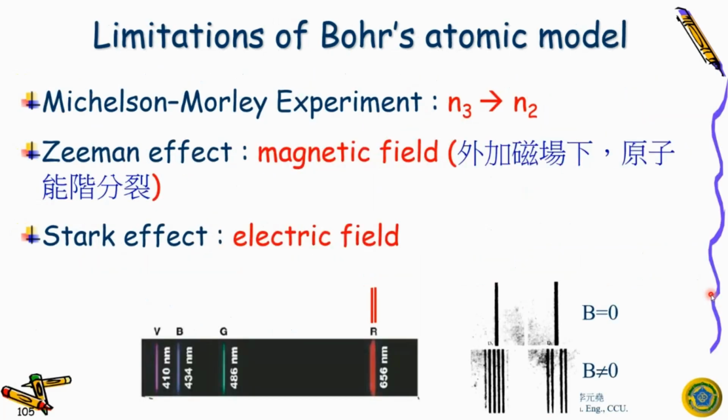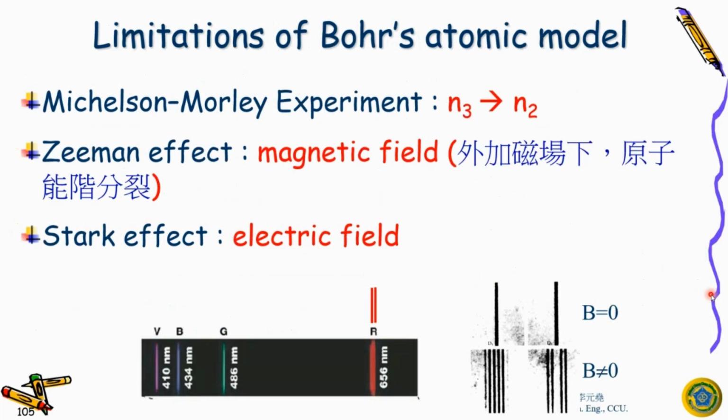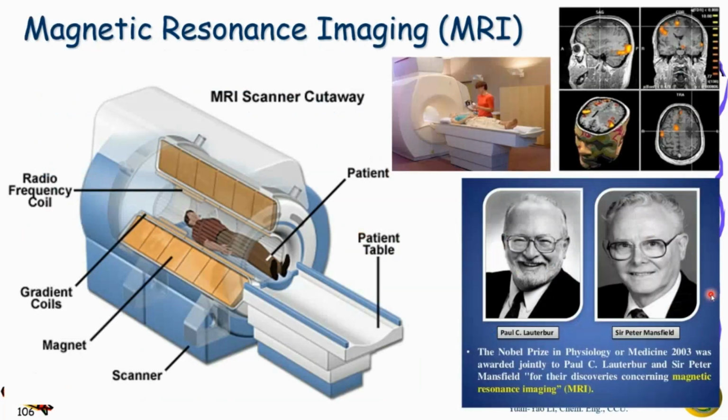MRI is very important nowadays. If you go to the hospital, you can find a tumor in your body using this. So there are three limitations of the Bohr atomic model so far: the Michelson-Morley experiment, the Zeeman effect, and the Stark effect. And this is MRI, okay? And of course, they got Nobel Prizes, at the beginning of this century.